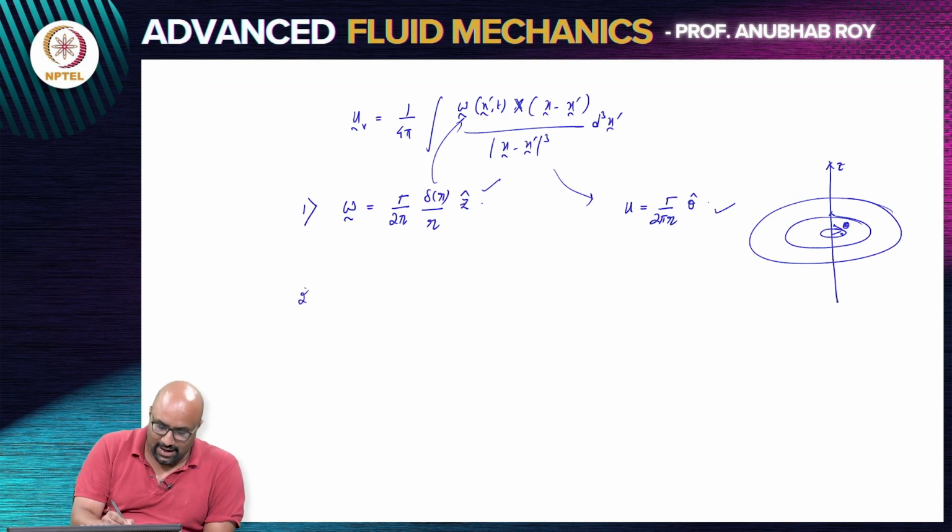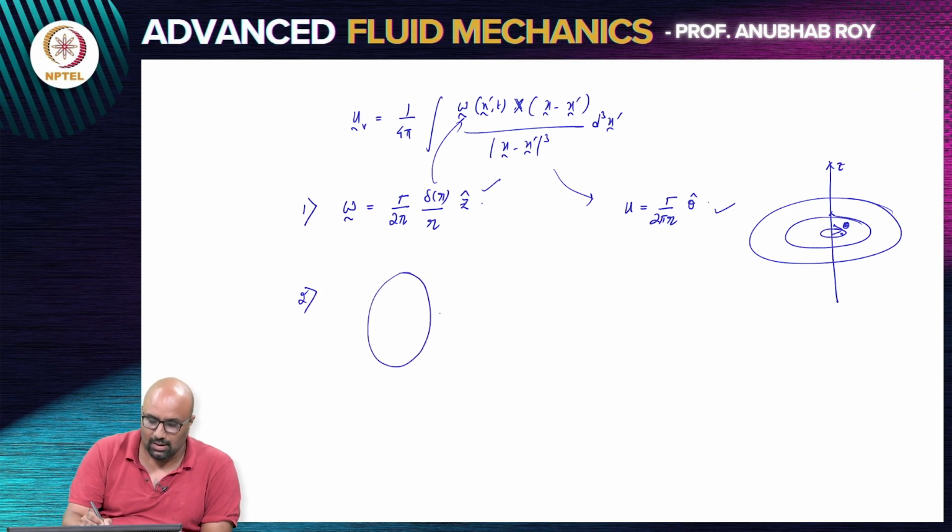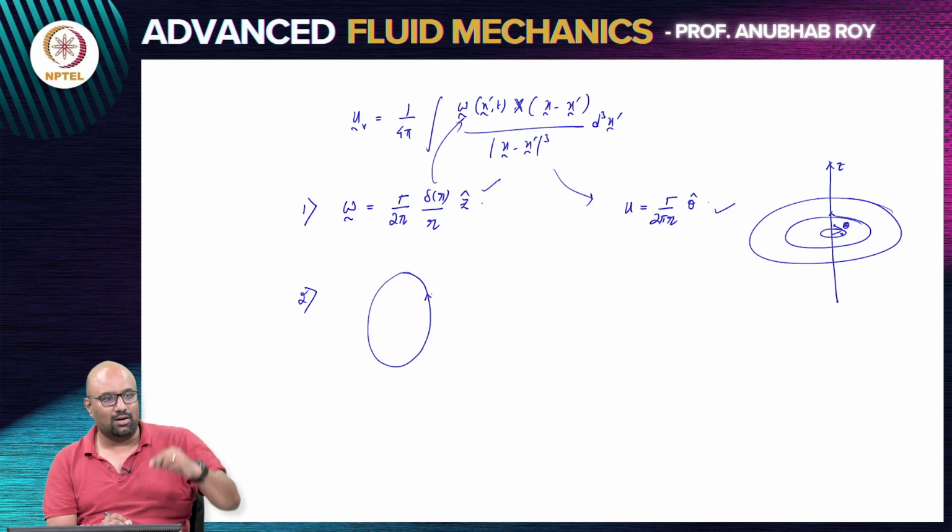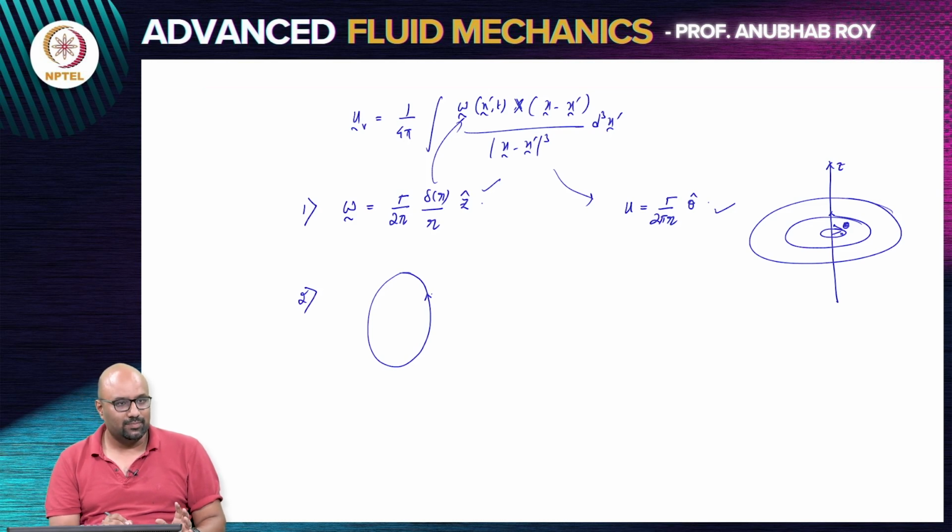Now, the cases which are slightly more complicated from an algebra point of view is, what if instead of it being a straight line, it was a circular line? The line was not a straight wire. So, taking the analogy of the current carrying conductor, it was rather a circular closed hoop. Now, this is not something that is unnatural.